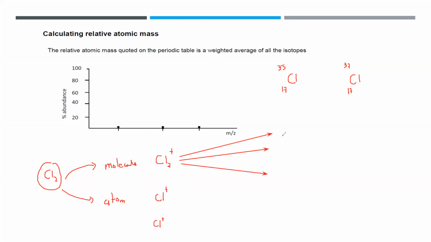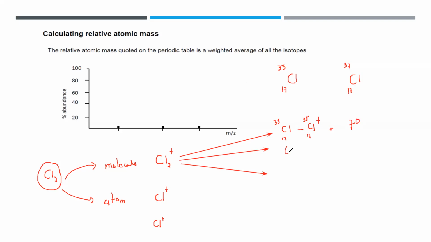In this chlorine molecule, the two chlorine atoms attached to form the molecule may both be chlorine 35. If both of them are chlorine 35, then 35 plus 35 gives a peak at 70.